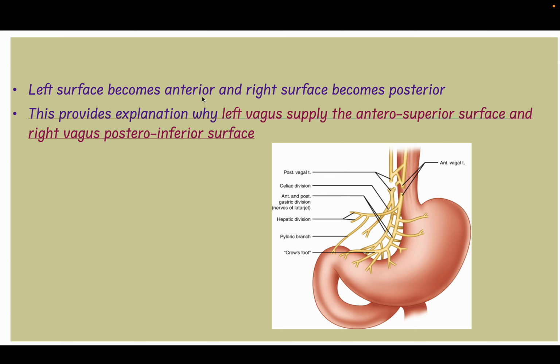This provides the explanation why the left vagus supplies the anterior-superior surface and the right vagus the posterior-inferior surface. Above that, we just name the vagus left and right. But in relation to the stomach, we call them anterior vagus and posterior vagus. So the left vagus becomes the anterior vagus, and the right vagus becomes the posterior vagus.